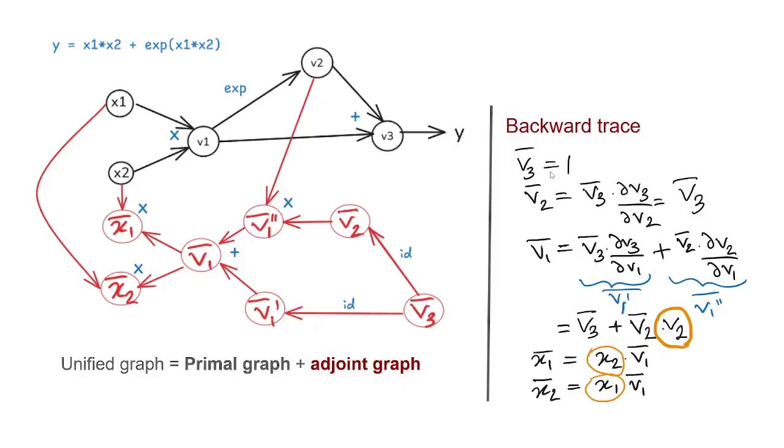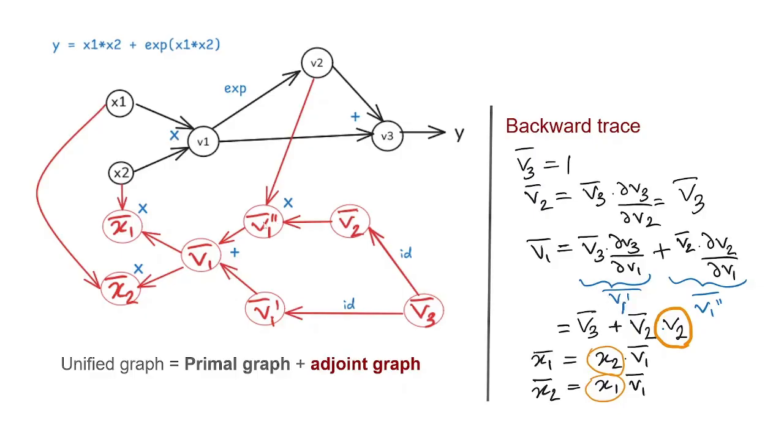Let's see how we obtain the adjoint graph. For this, it helps to look again at the backward trace which we did. V3 bar is 1 because it's a dummy variable. V2 bar ends up being V3 bar because the local partial derivative in case of sum here is 1. And V1 bar is the sum of the contributions coming from here and here, and we represent each of these contributions by separate auxiliary variables. The contribution coming from V3, we denote by adjoint of V1 dash.